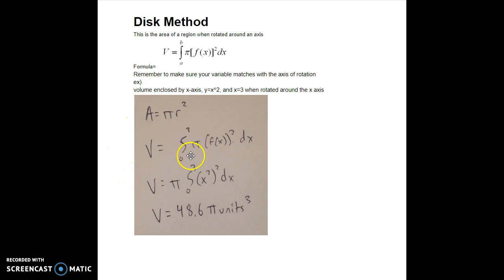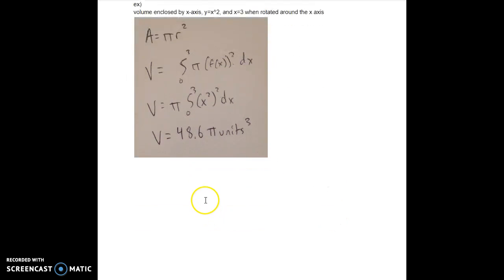So then our volume equals the integral from 0 to 3 of pi, and instead of our radius we have our function squared dx, and then this is just substituting in the function. And since this problem is also calculator active, you just put that into your calculator and you get 48.6 pi units cubed, because you took out your pi in between these two steps.